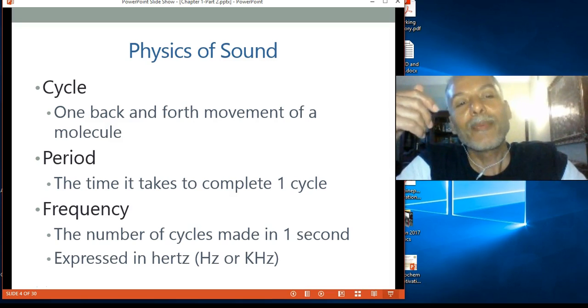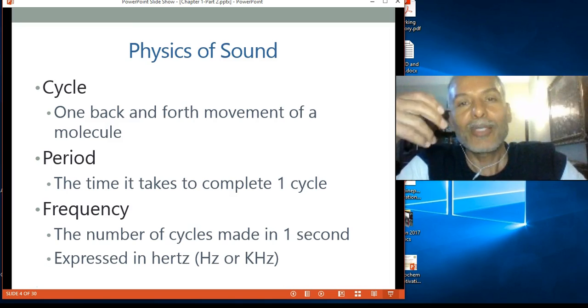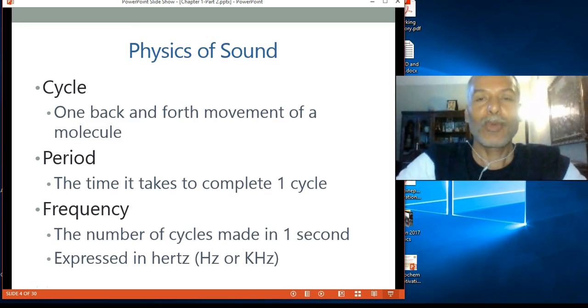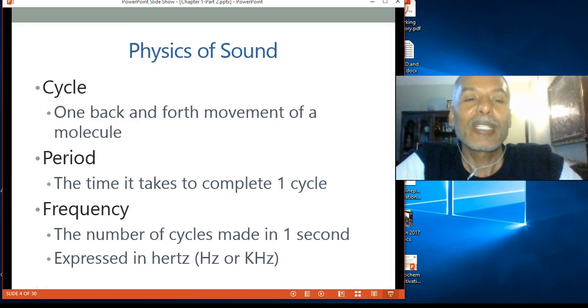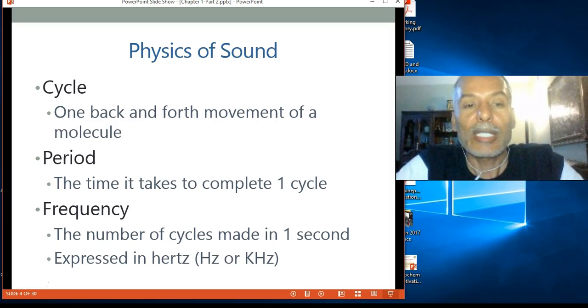Try to guess and answer the question tomorrow: how many times does a hummingbird flap its wings to make that sound that you can hear? And tell me, is it a high frequency sound or a low frequency sound?